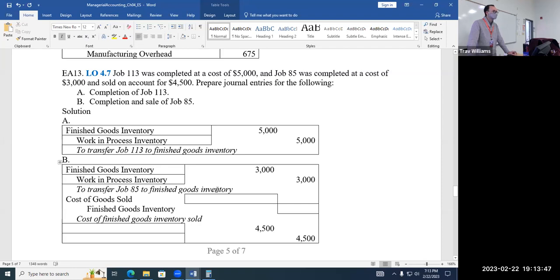However, that job also gets sold. So you see, when it's sold, it comes out of finished goods inventory. That's when that inventory becomes an expense. What do we call that expense? Cost of goods sold. What would be the amount?